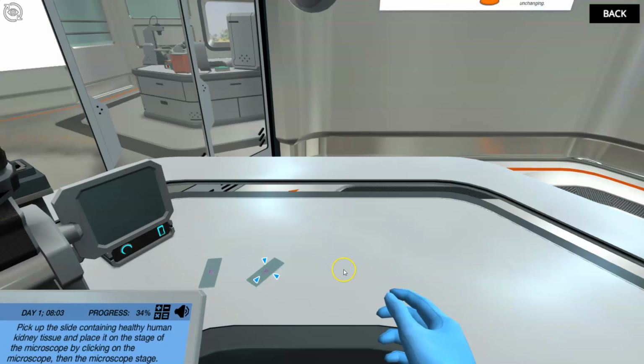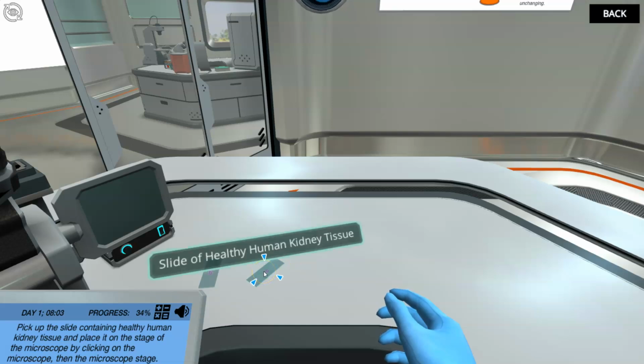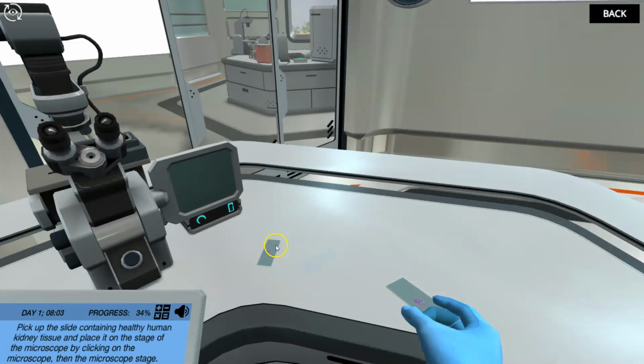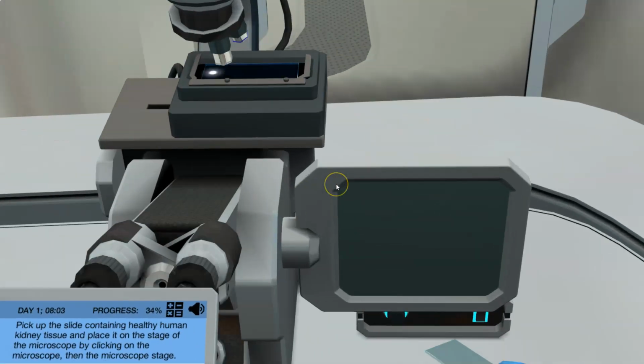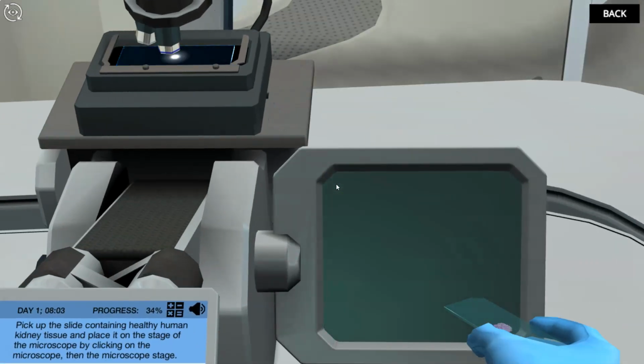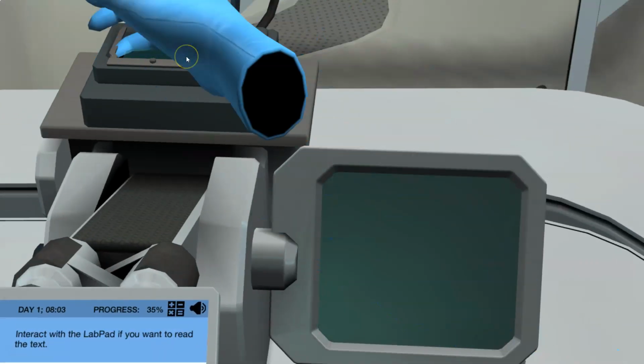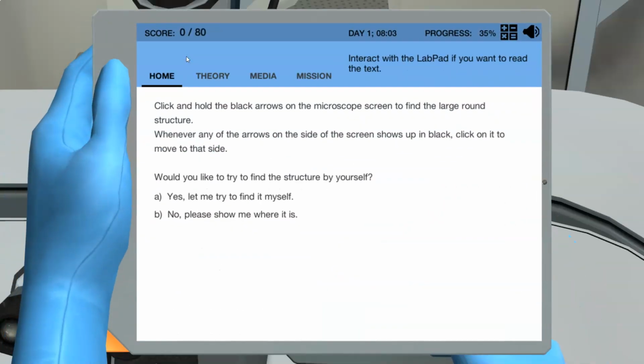Pick up the slide containing healthy human kidney tissue and place it on the stage of the microscope by clicking on the microscope, then the microscope stage. Click and hold the black arrows on the microscope screen to find the large round structure. Whenever any of the arrows on the side of the screen shows up in black, click on it to move to that side.